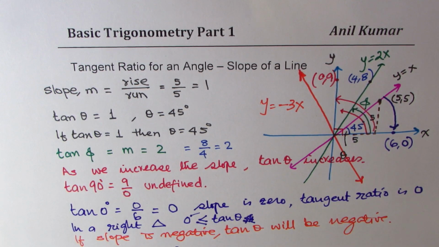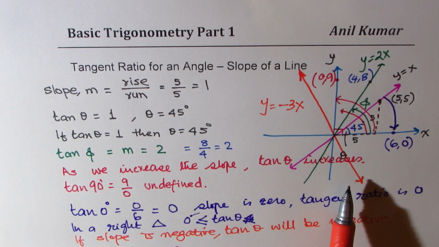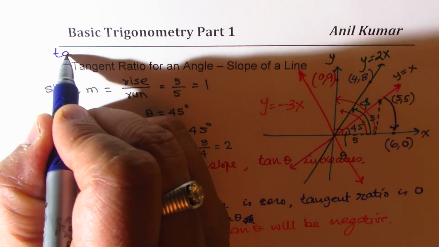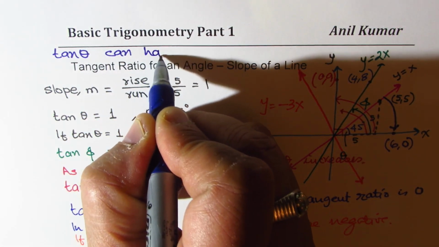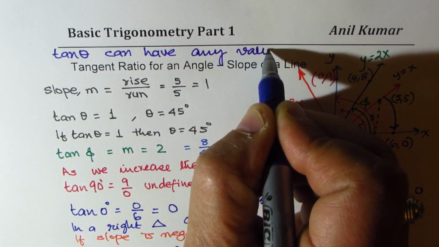So from here, what do you conclude? From here we conclude that tangent ratio can have any value. Perfect. So we conclude that tan theta can have any value.